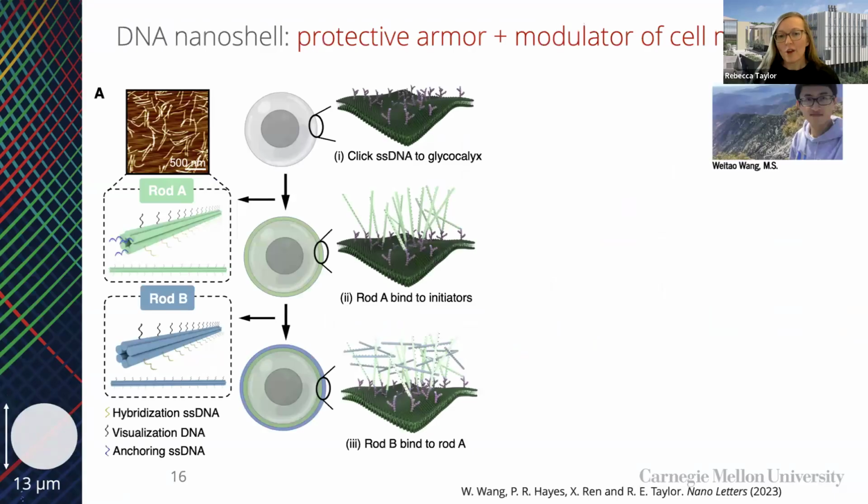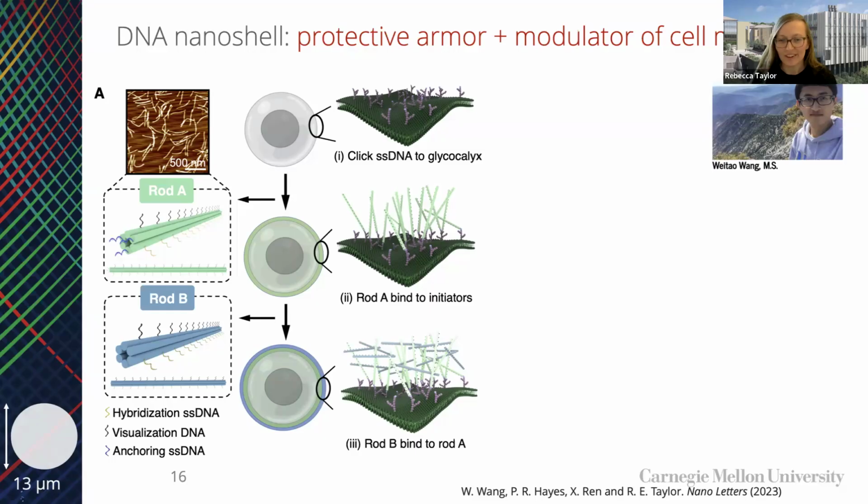Okay. One other thing that's really interesting about labeling cells with nucleic acid nanotechnology is that you can be the opposite of delicate, right? You can greatly modulate cell behavior. In our cell armor paper, Weitao Wang explored what happens when you use that glycocalyx anchoring method to enable the binding of lots and lots of nanorods on a cell surface.